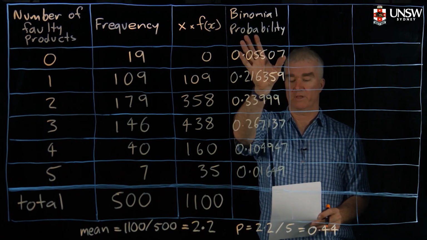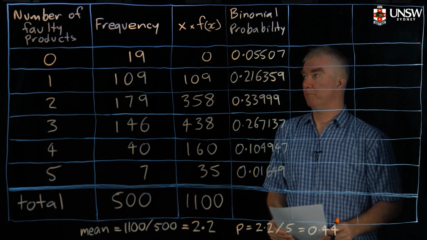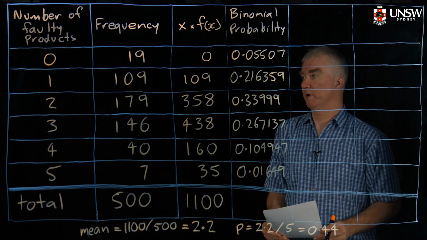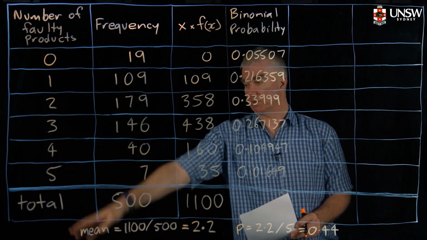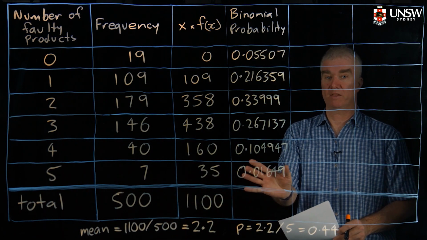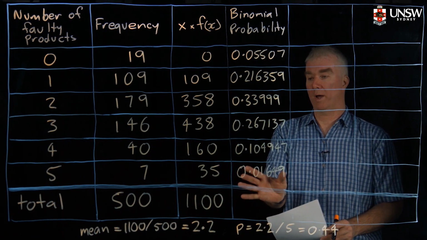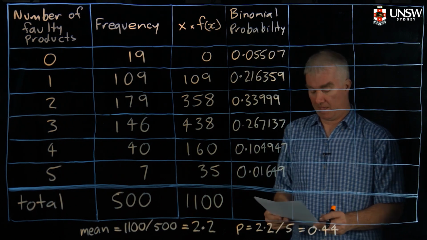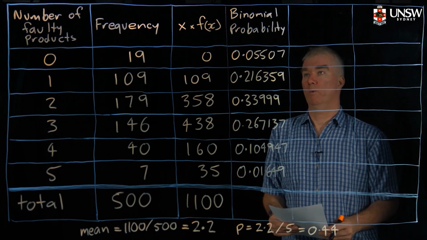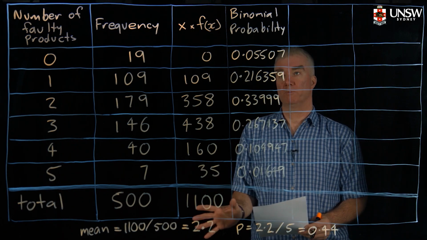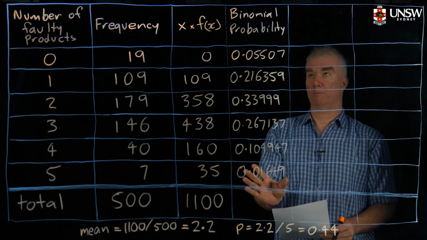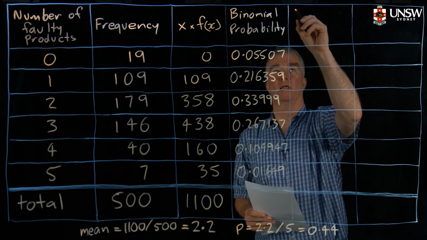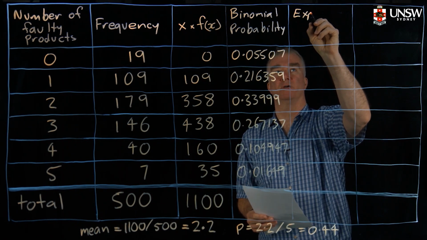Now, of course, all of these should add up to 1. If you had a probability distribution which kept going on to infinity, we would simply make the last cell equal 1 minus the sum of the rest, so that they all add up to 1. So now, what we're saying is, if it really was binomial, this would be the probability, so we can calculate the expected frequency.